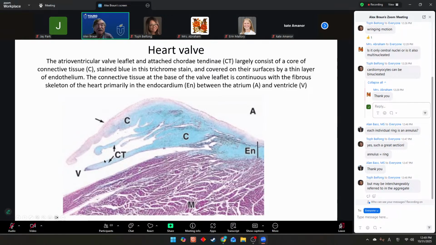So there are these tendinous cords or chordae tendineae, which are also composed of connective tissue, which is continuous with the connective tissue of the valve itself, which then will anchor itself to the papillary muscles of the ventricle as well. So the valve is actually a bit of a complicated structure if you really look carefully at it, but it is understandable in terms of its histology, as I just showed you.